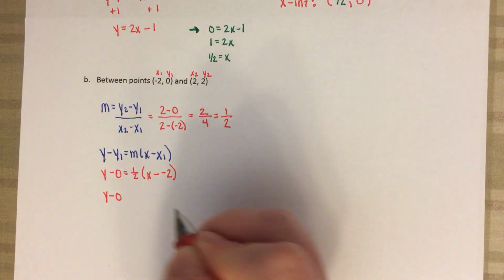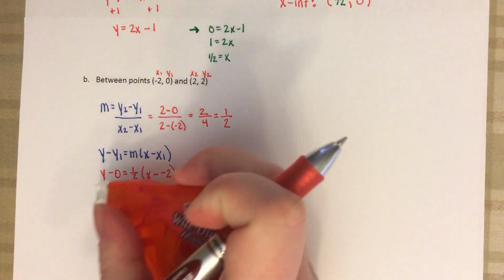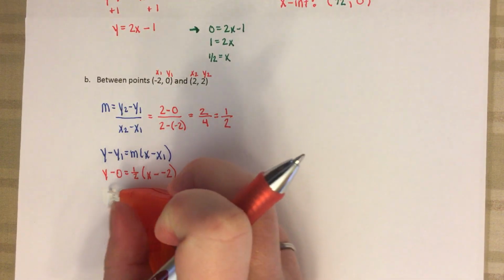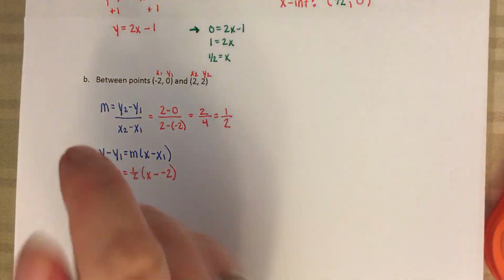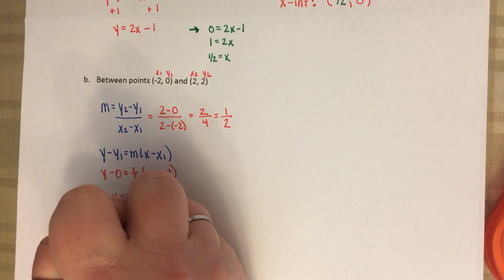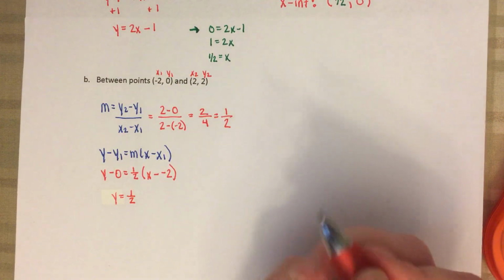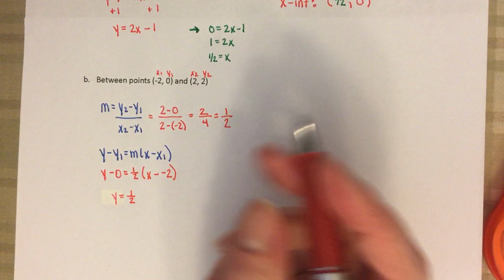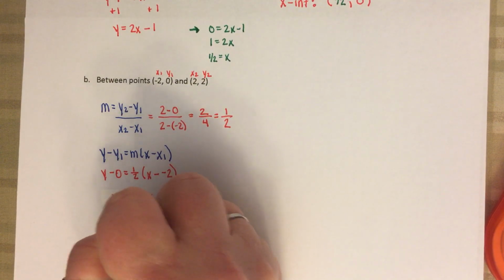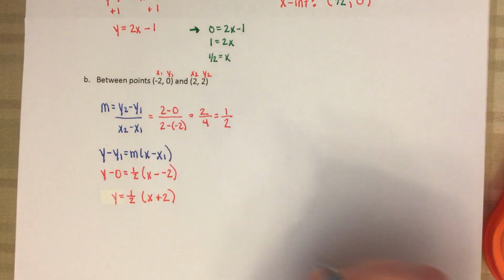So y minus 0, at this point we'll just drop that minus 0 and write that as y equals 1/2. I'm going to break this down step by step. We're going to change our signs first, so we're going to have x plus 2.